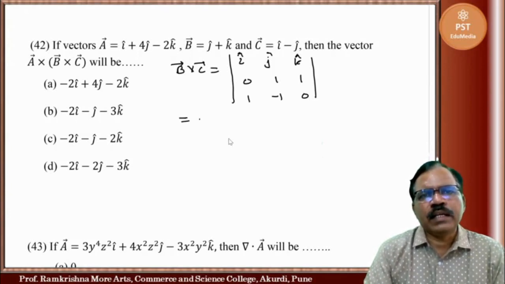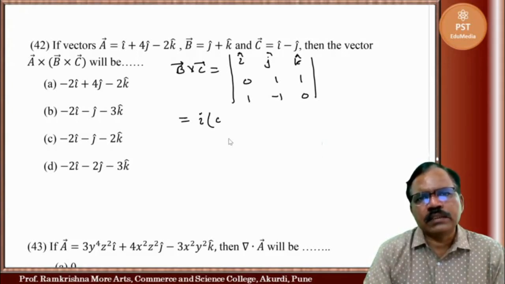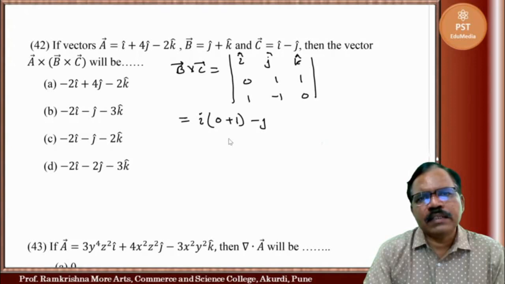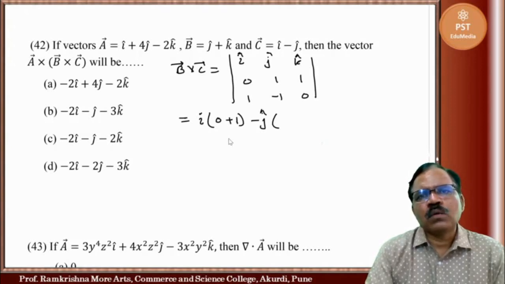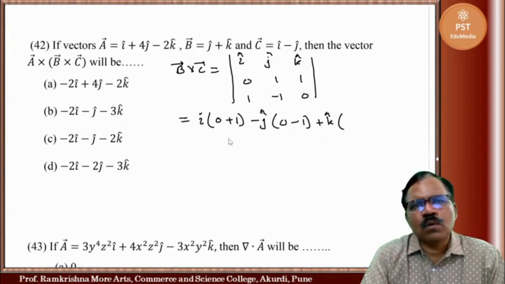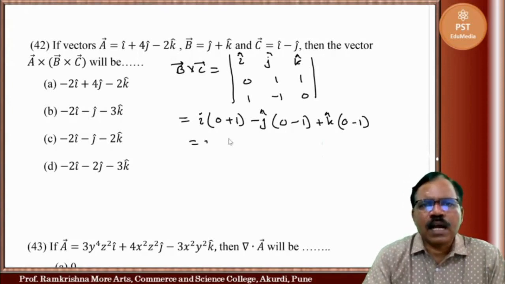So you will get i times 1 into 0, that is 0, minus 1 into 1, that is minus 1, so you will get plus 1. Now minus j, now 0 into 0 is 0, 1 into 1, that is minus 1, plus k, minus 1 into 0, 0, 1 into 1, so 0 minus 1.